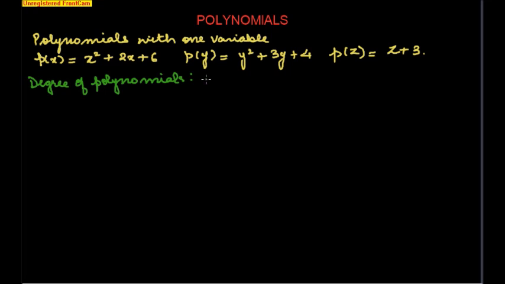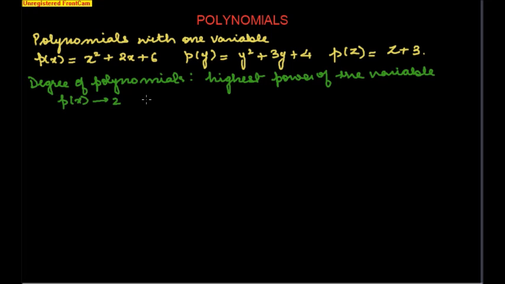What is the degree? It is the highest power of the variable. If you see, the highest power in p(x) is 2, so the degree of p(x) is 2. Degree of p(z), if you see, is 1.